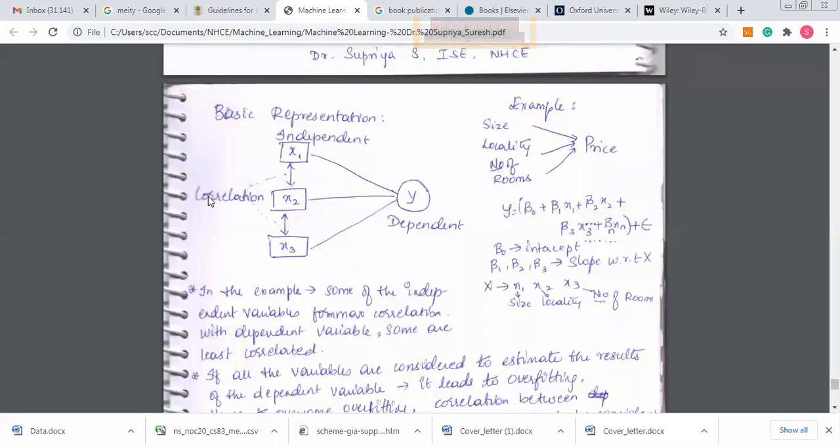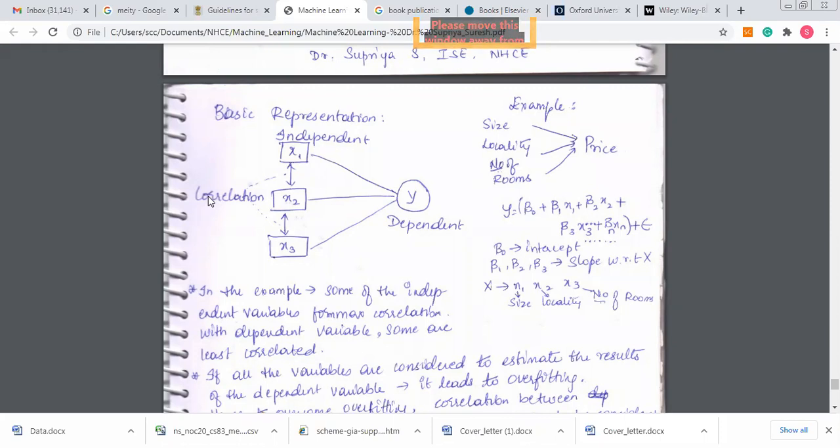When I consider the size of the apartment or the villa, as well as the locality, these two will majorly impact my price. So what I can do here is drop one of them. Since they are already correlated and have the same features, why should I consider that as an additional term in training my system?